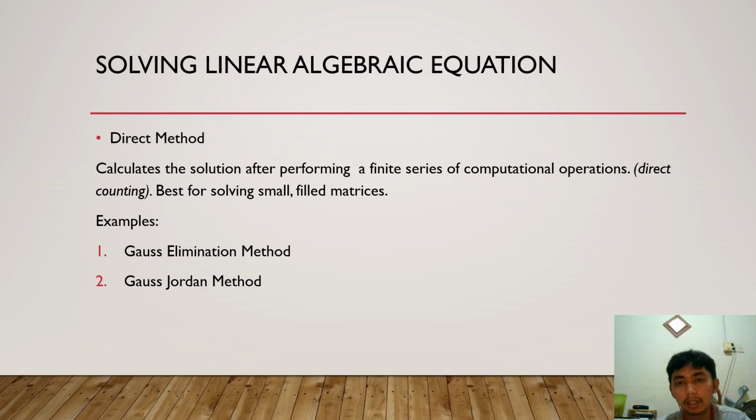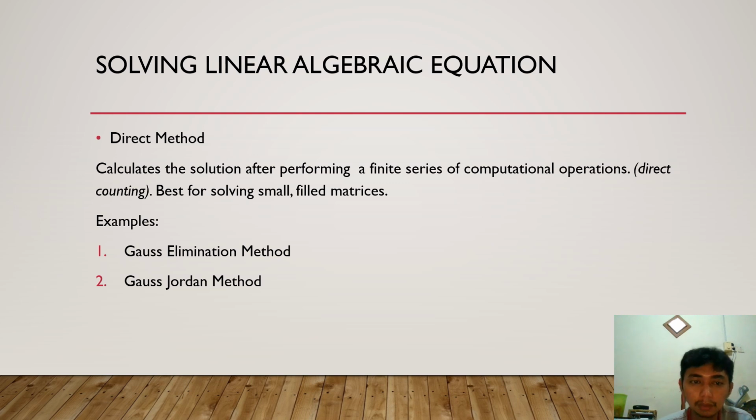For solving linear algebraic equations, the first method is the direct method. It calculates the solution after performing a finite series of computational operations, and is best for solving small matrices.